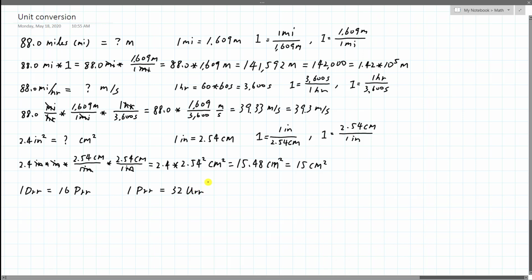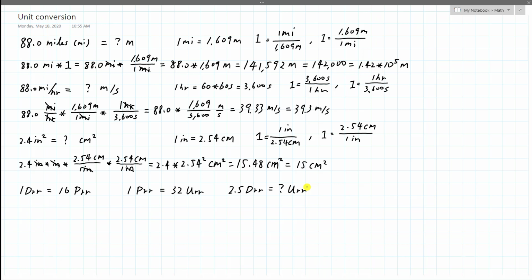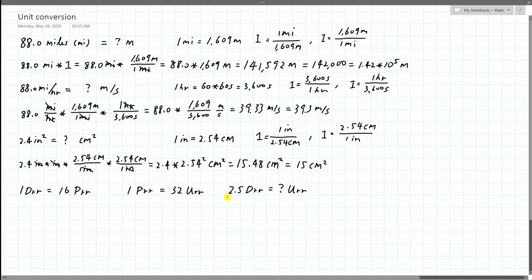Okay, so now we have a chain of conversions, and I want to know 2.5 dir equals how many. Well, that's pretty ridiculous, right? Okay, so let's start with the conversion. So we start from this side. We want to get rid of dir, so we want to use this conversion to create our power 1s, right?